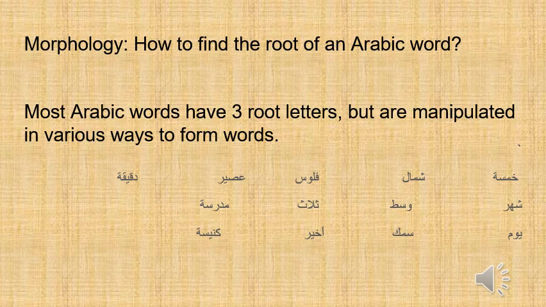Kanisa, again, the ya and the ta marbuta can be wiped out, so it's kaf, nun, sin. And look at this last one, daqiqa. What do you think that is? Here, even though it's a doubled qaf, each of those counts as part of the root. So the root of that is dal, qaf, qaf, and it's being manipulated to daqiqa.